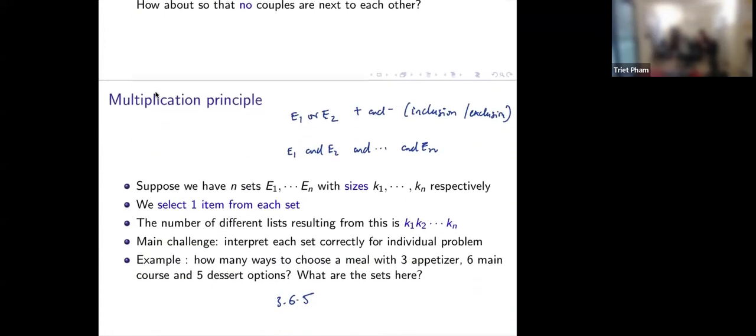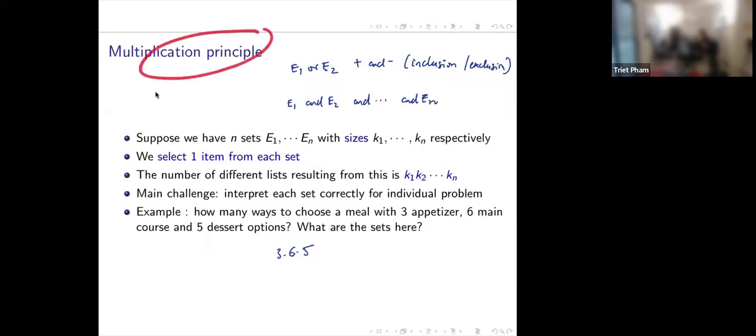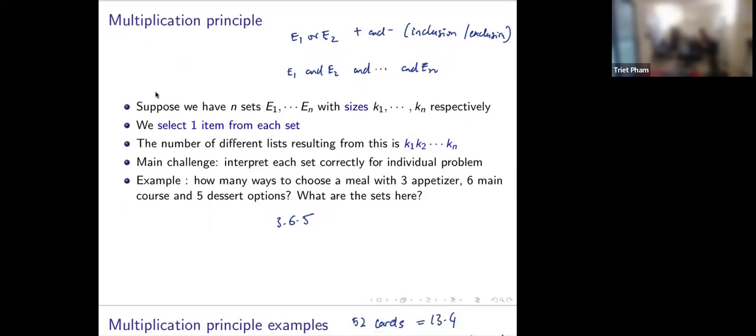But basically, there are a few basic principles that we must learn and understand, and then apply to more general problems. So the first principle is the multiplication principle, which basically says if you choose one item from each set E1 to En, then the number of ways you can do so is the product K1 times through Kn.